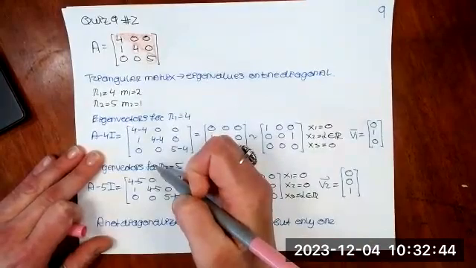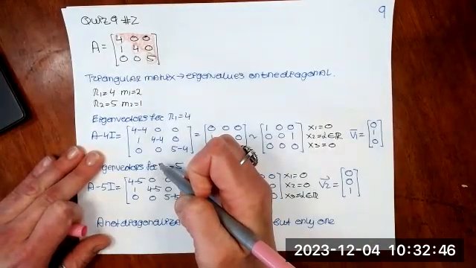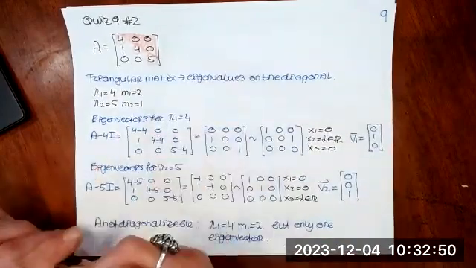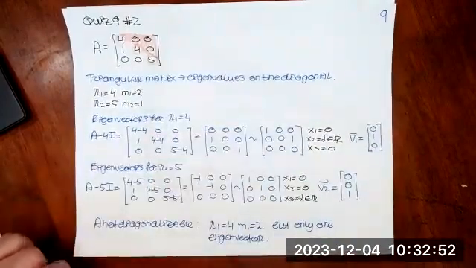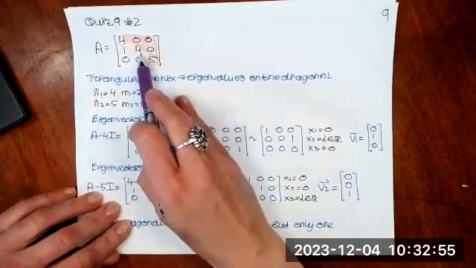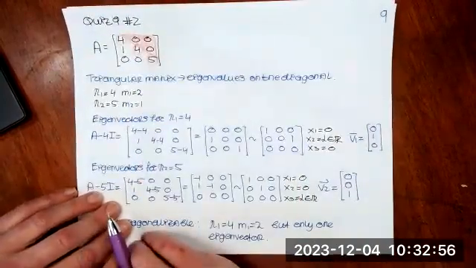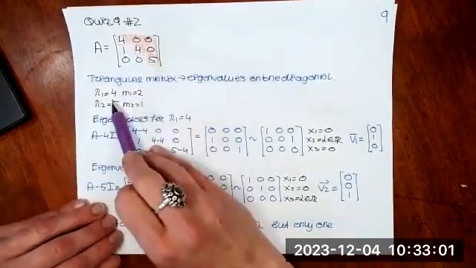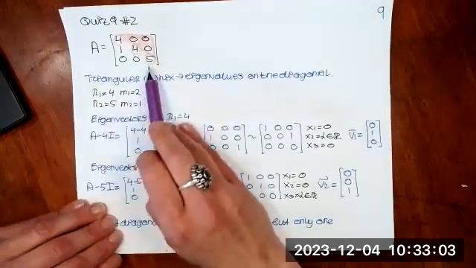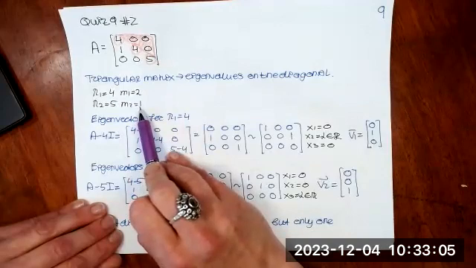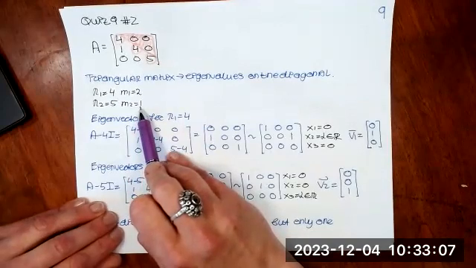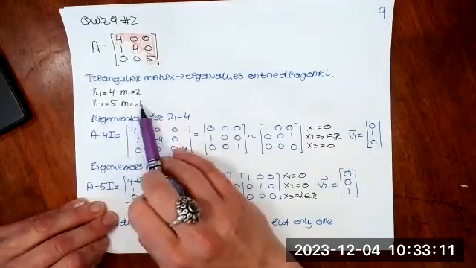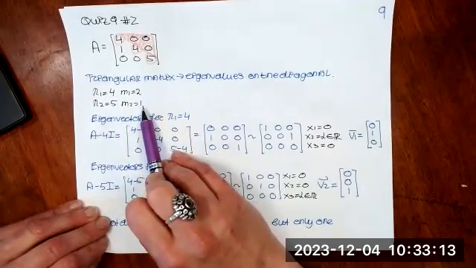And for a triangular matrix, the eigenvalues are the values on the diagonal. So you don't have to spend time doing the characteristic equation. You can literally just pull out the values from the diagonal. So I have lambda equals 4 with multiplicity 2, and lambda equals 5 with multiplicity 1. Kind of similar to before: one eigenvalue with multiplicity 2, one with multiplicity 1.